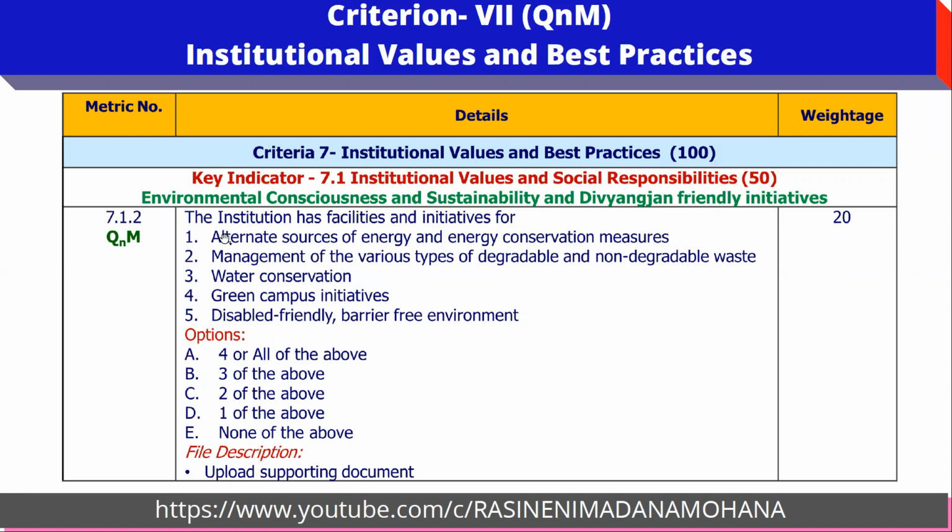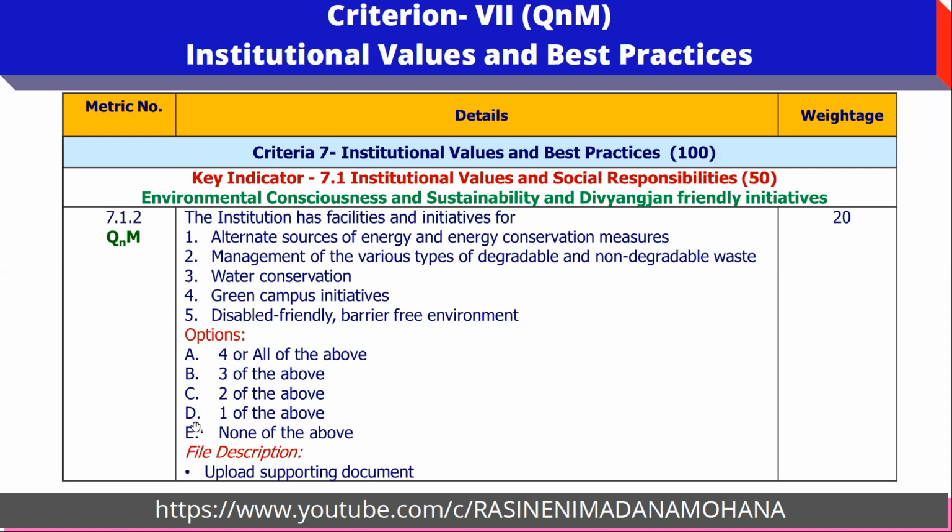Earlier in the old format, alternative energy sources was a separate metric, degradable and non-degradable waste separate, water conservation separate, green campus separate, disabled friendly separate. So all five metrics are combined, their total weight is added here, that is 20. Now all the five metrics become single.